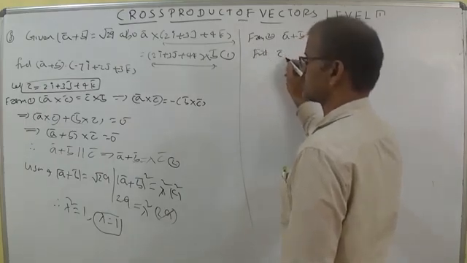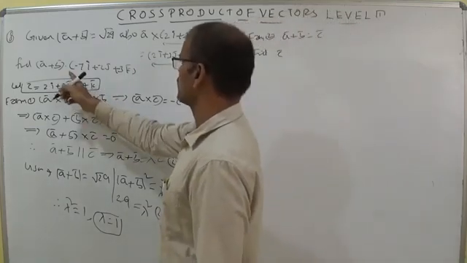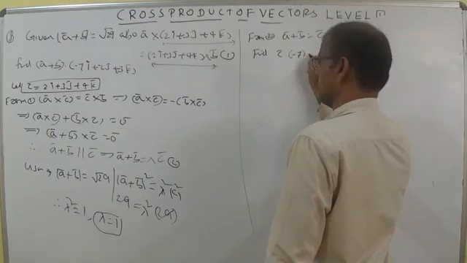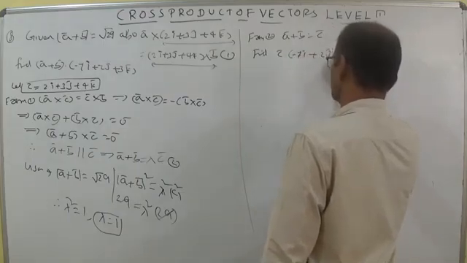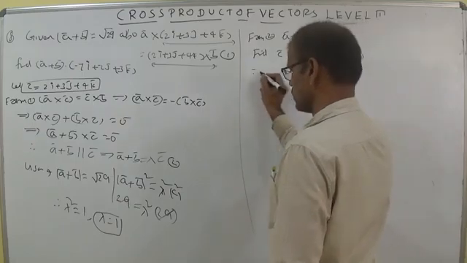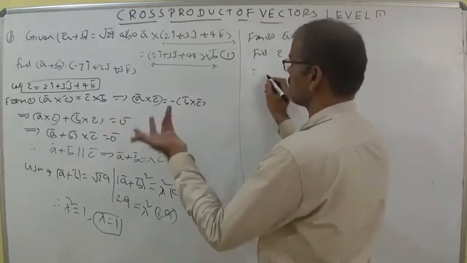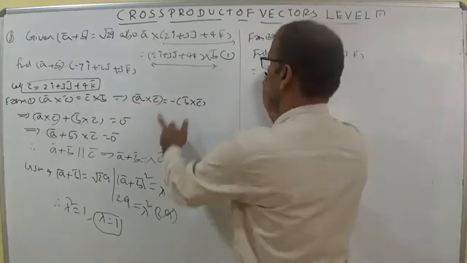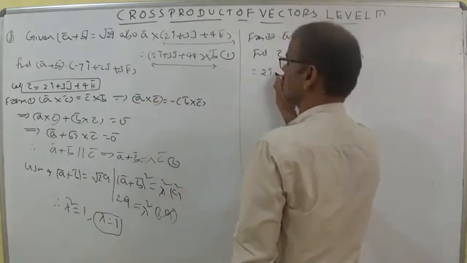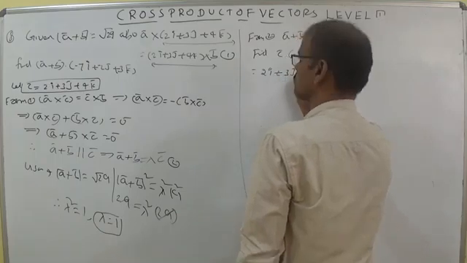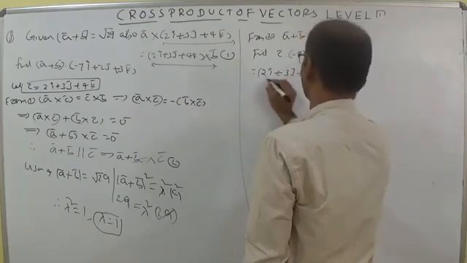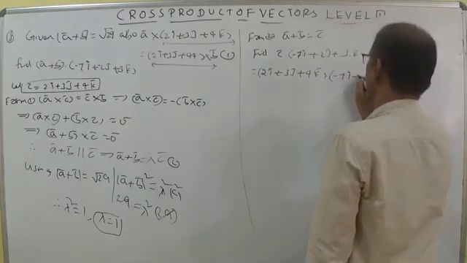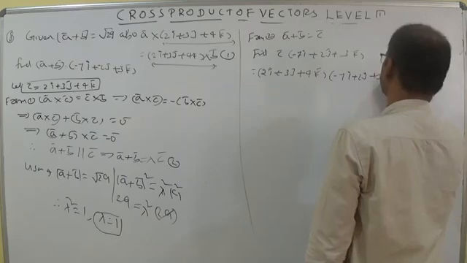C bar dot A plus B dot minus 7i plus 2j plus 3k. So what is the value of A plus B? It is C. C, whatever value he gave, we got the values right here: 2i plus 3j plus 4k dot the value he gave, minus 7i plus 2j plus 3k.